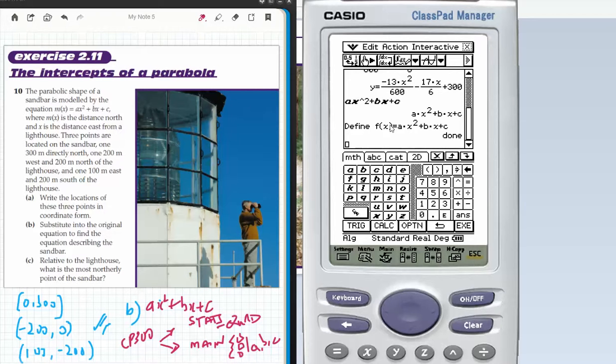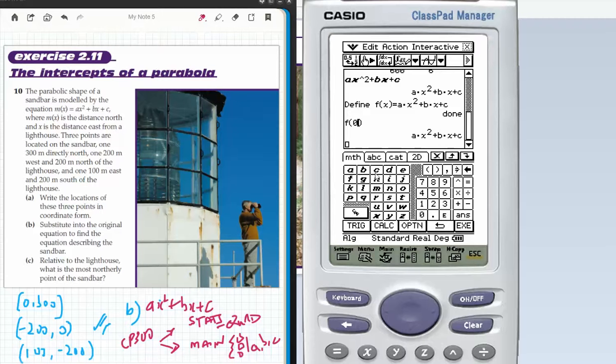So that's now f(x). If I take f(x) and put it in a new line, press x, it gives me that. Now I know that f(0) equals 300.